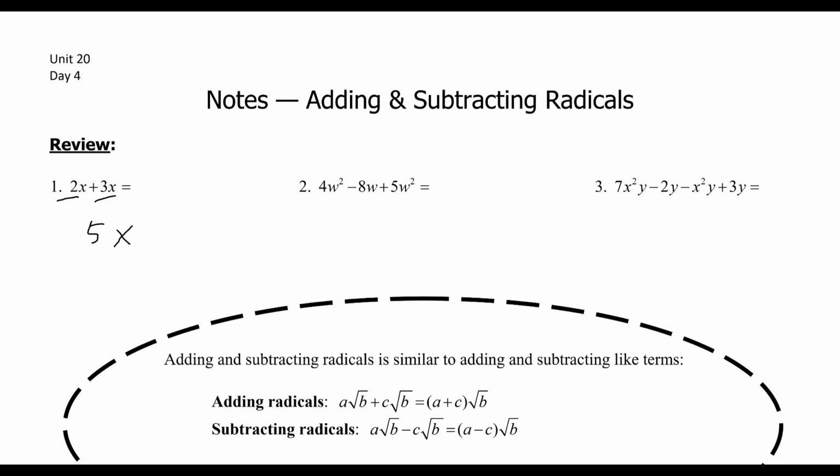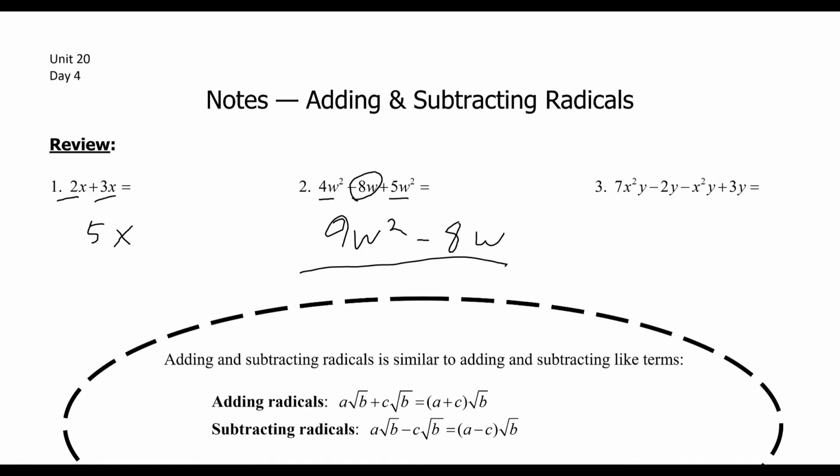A good way to think about it is 2 apples plus 3 apples is 5 apples. Now on 2, we've got two different things going on here. We've got 4w squared and 5w squared, which is going to combine to give me 9w squared. And then we're going to subtract the 8w.